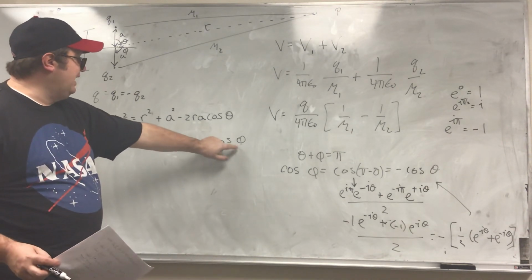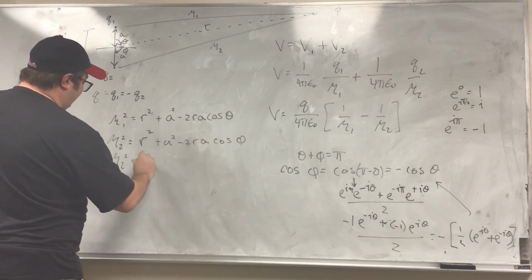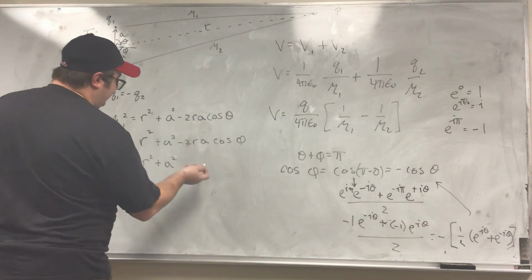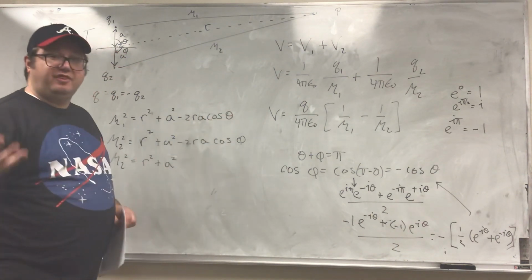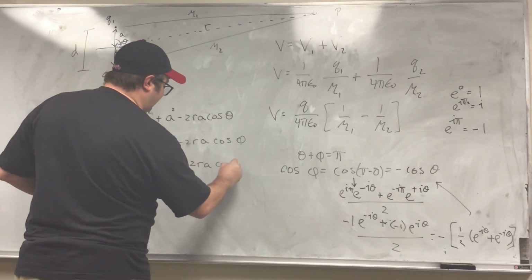Because in this equation I have phi. So if I do script r2 squared, it's r squared plus a squared, and now if I plug in for the theta, it's plus 2ra cosine theta.